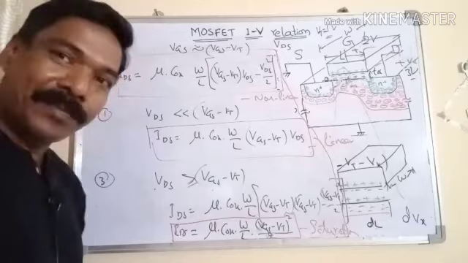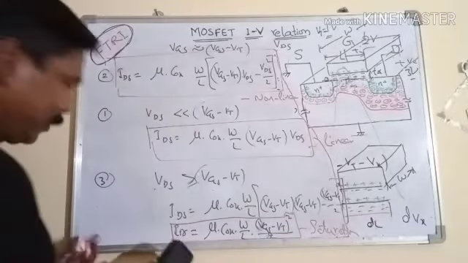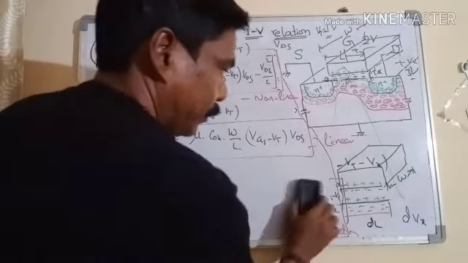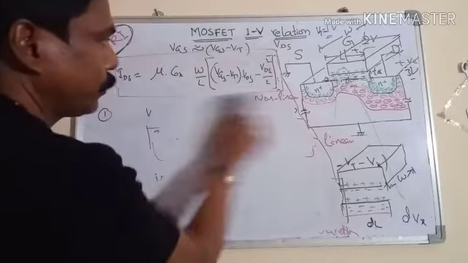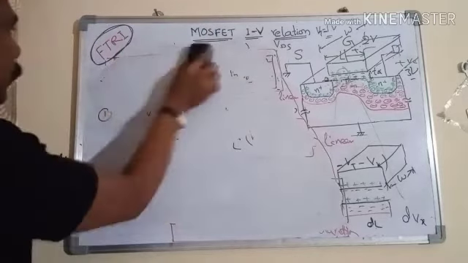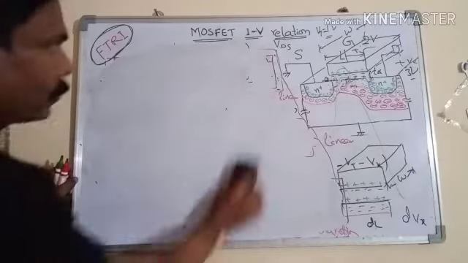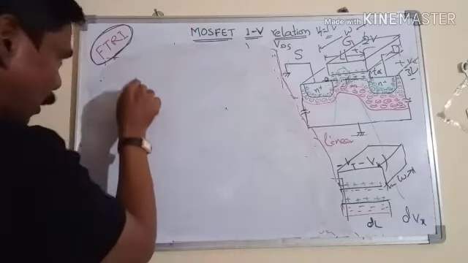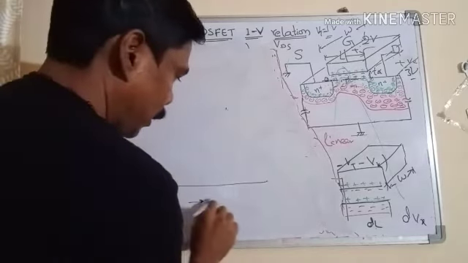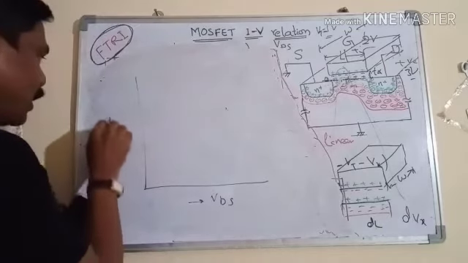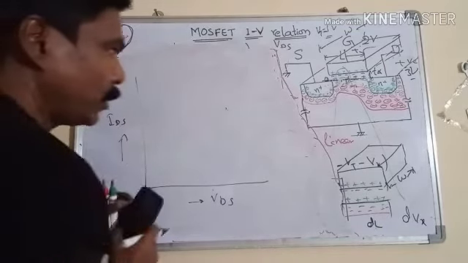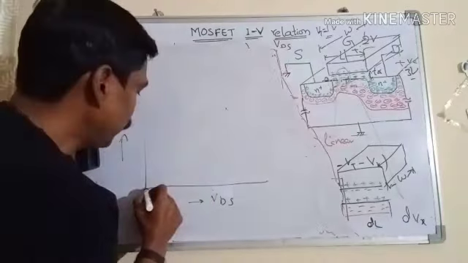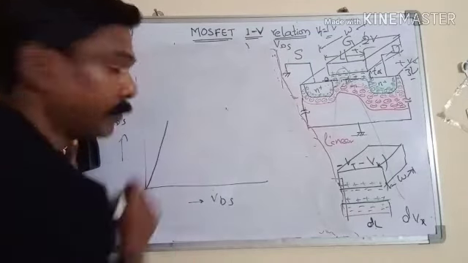So we can see this graphically with simple analysis. There are three equations, so let me draw the graph for this, the current voltage graph in all the three regions: VDS versus IDS. As VDS is increasing, when it is very low, the relation is linear, resistive.